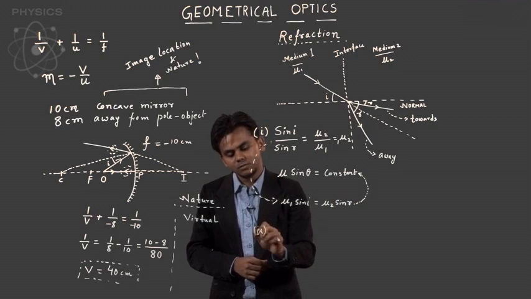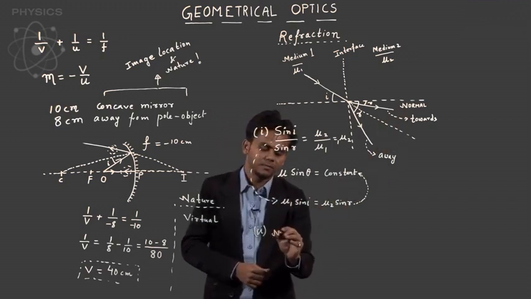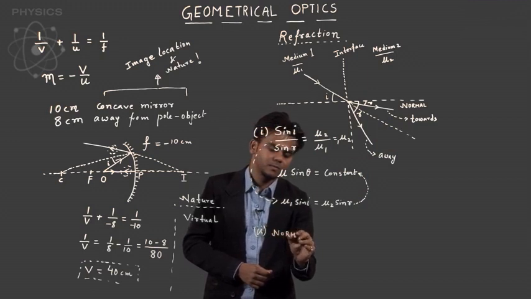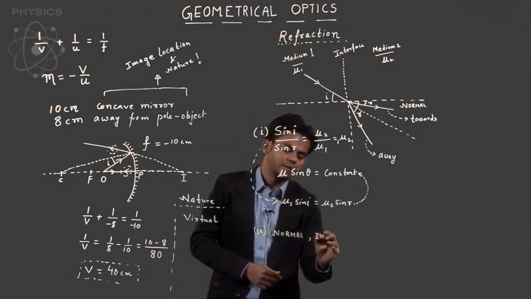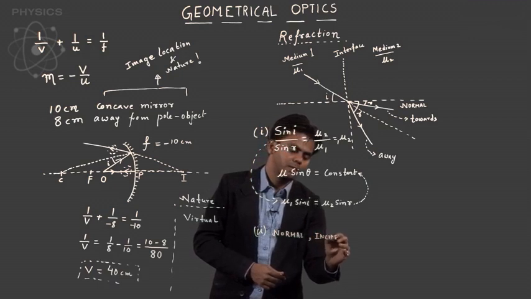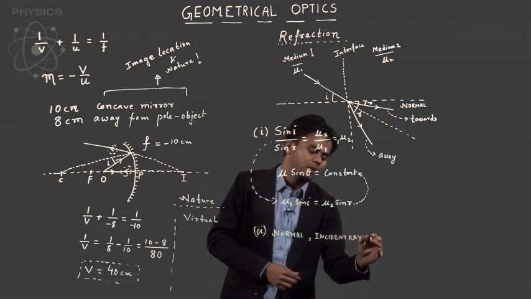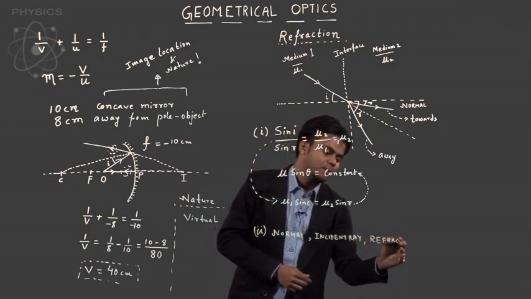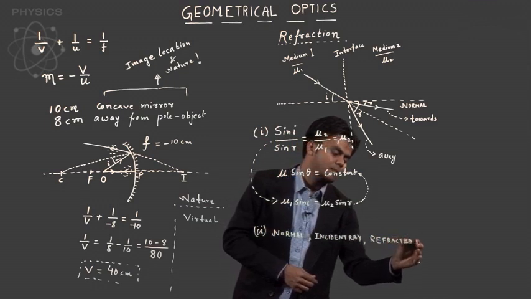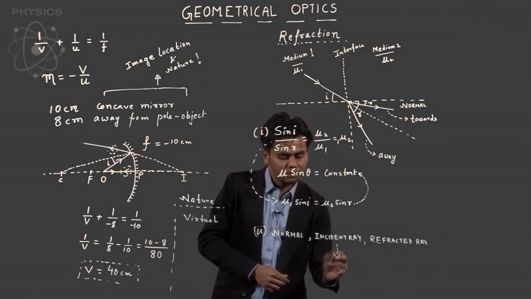It says that the normal, the incident ray and the refracted ray all lie in the same plane.